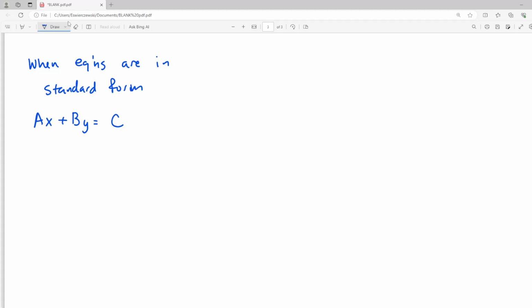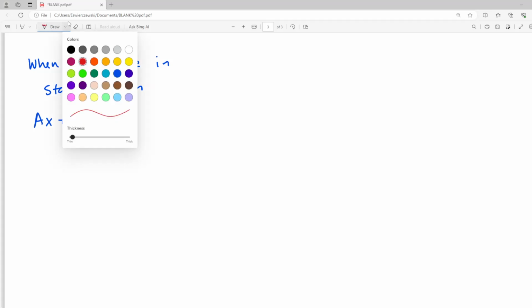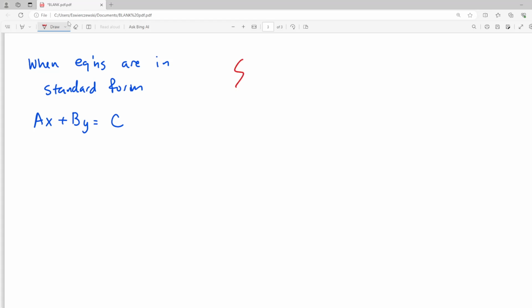So I have a couple examples for us to do together, and I'll go through steps as we go through these problems. The first one is going to be an easy one: 4x plus 8y equals 20, and negative 4x plus 2y equals negative 30.